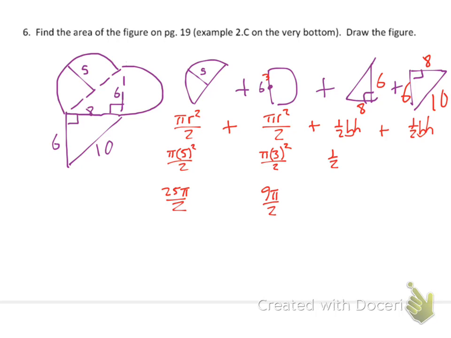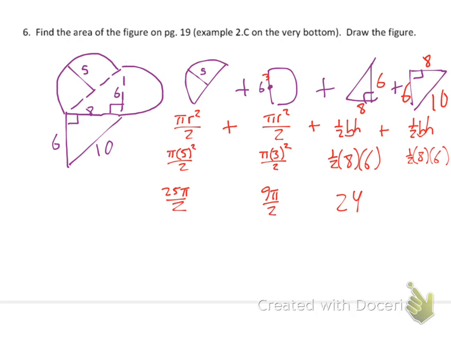1/2. What's the base? 8. Height? 6. 8 times 6? 48 divided by 2? 24. Now, would it be maybe easier to go 1/2 times 8? It's 4. 4 times 6? 24. It's all going to work. Next one, 1/2. What's your base? 8. Okay, then what would the height be? 6.